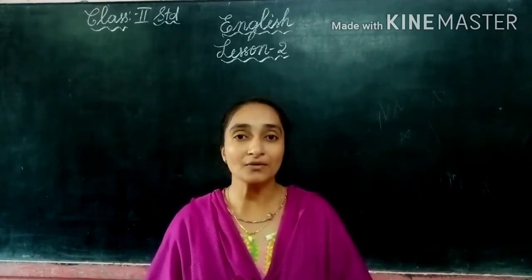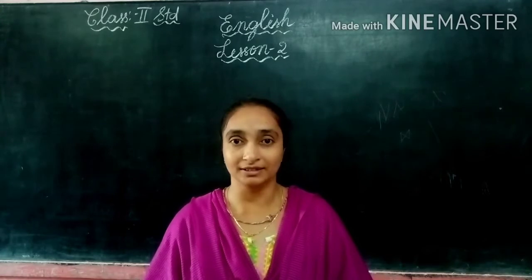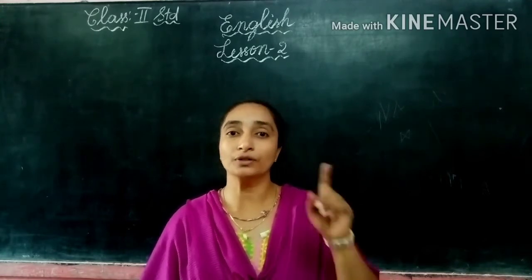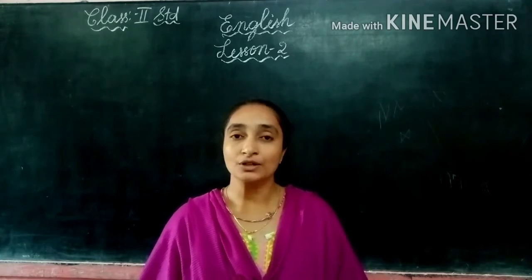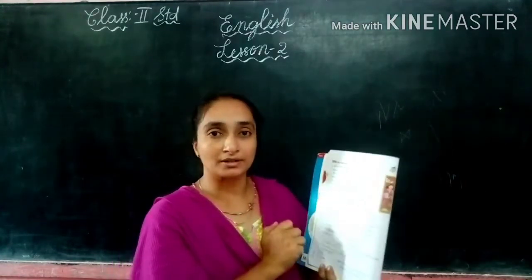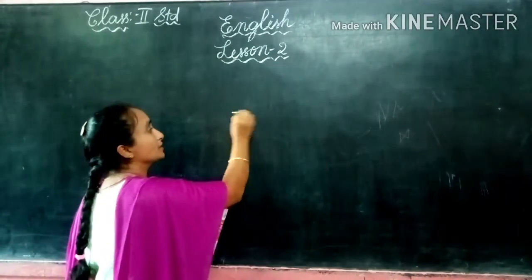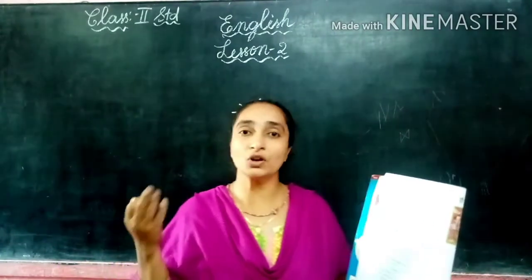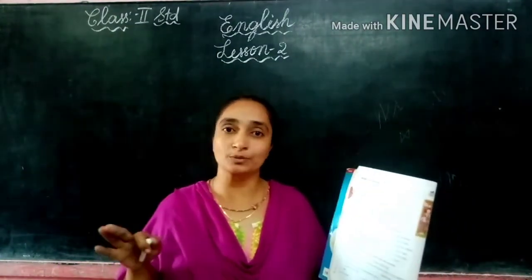Yes, Sarah was going to the park. So the first one is the correct sentence. Here they have already given the tick mark in the first sentence, in the textbook itself.